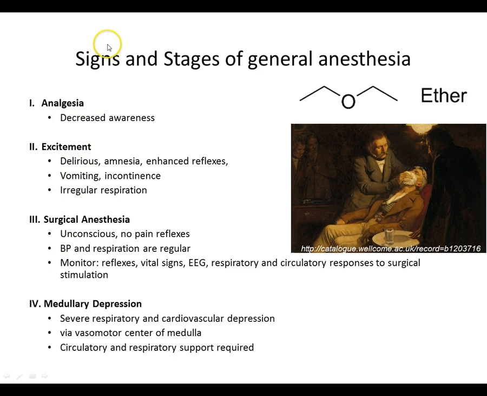We want to use a strong and fast enough general anesthesia to very quickly reach surgical anesthesia. But then, of course, we have to make sure that we stop here, because if we go further, this is where patients can die. So speed and controlling the strength of the anesthesia is a major clinical goal.